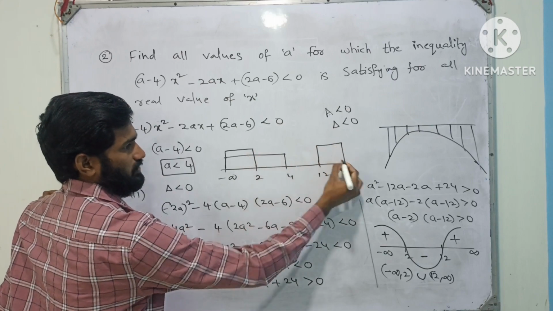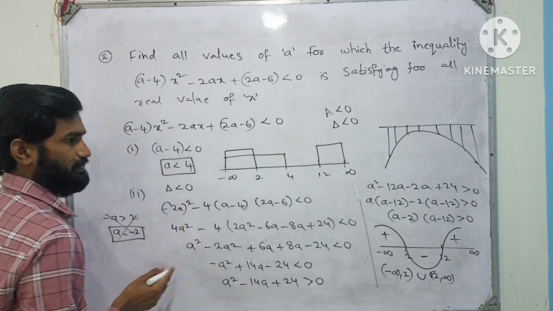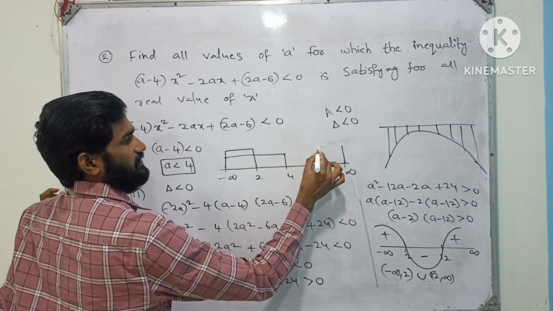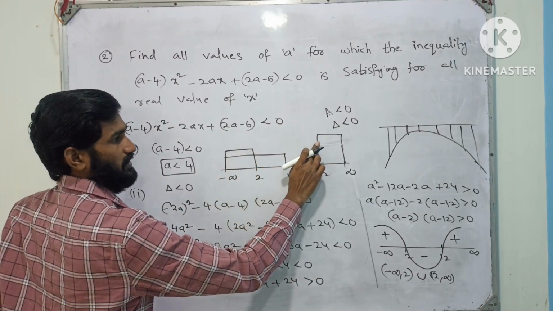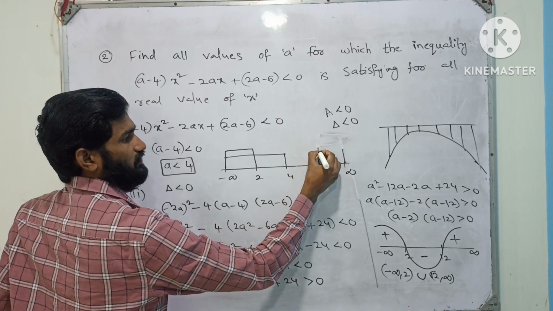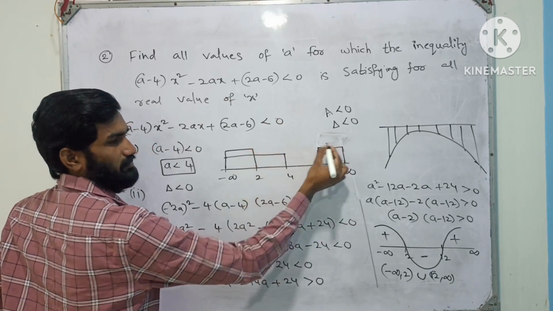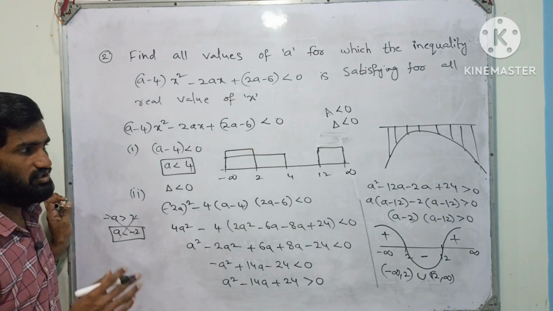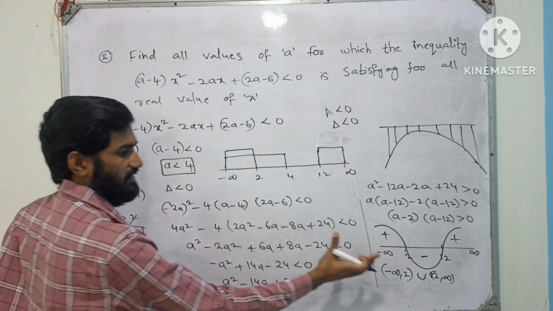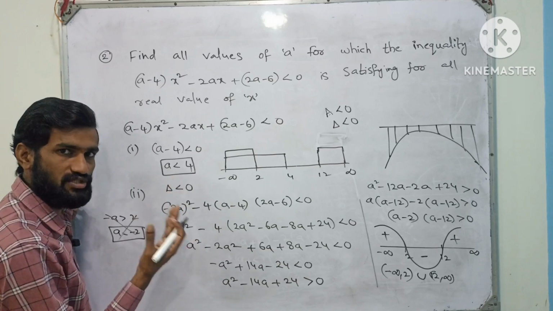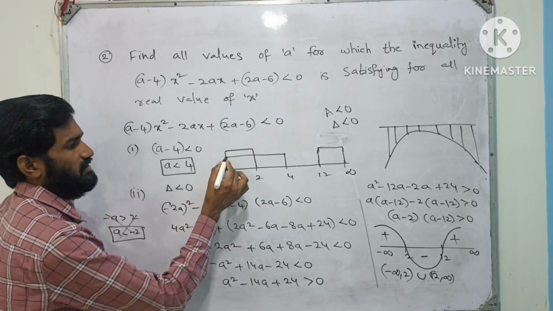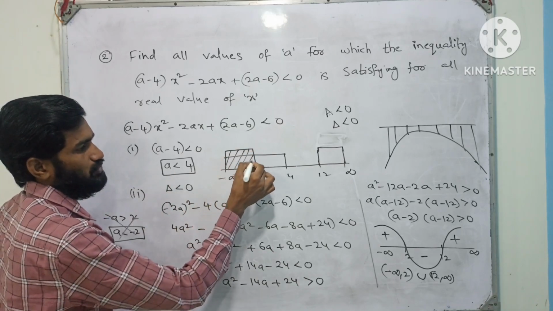Now you need to take the same line here. Don't take it separately, because this one and this one belong to the same condition. Therefore, we have to consider it in the same line. Now just observe here, this case and this case, the intersection part, where you are observing two lines at a time.